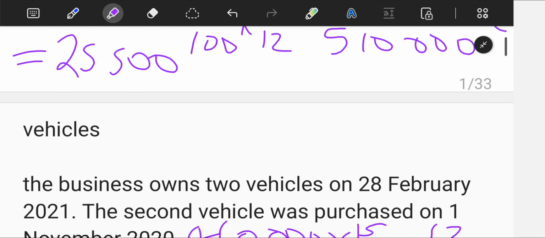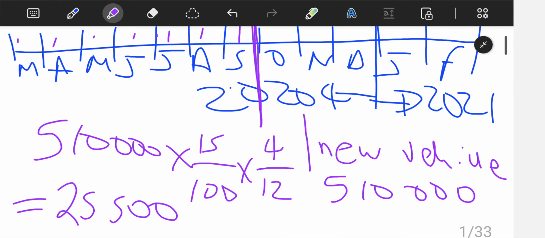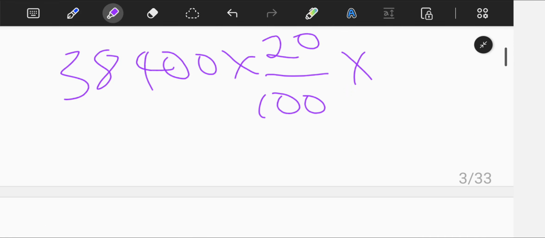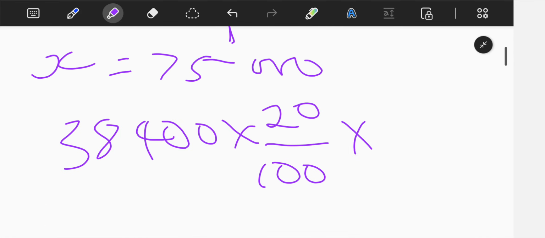We have used it for March, April, May, June, July, August, September, 7 months out of the 12 months of the year.